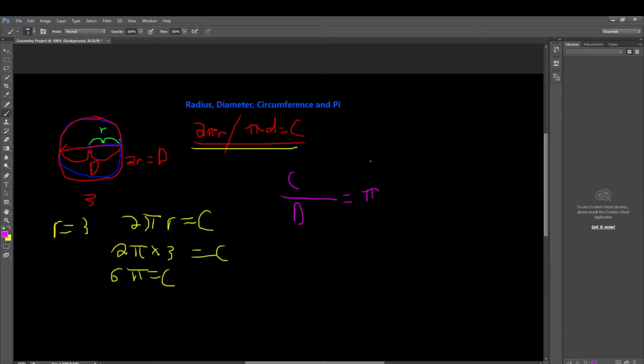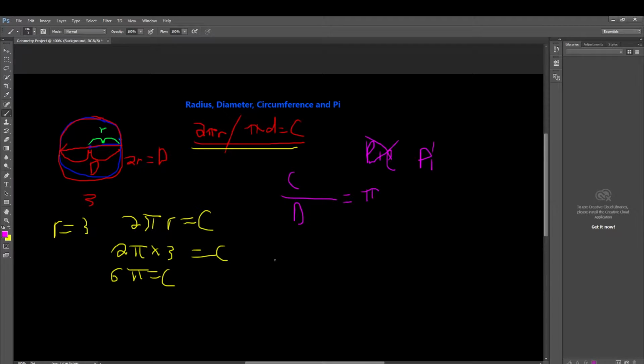And no, it is not spelled like pie, as in the food. It is spelled p-i. This is a Greek term. I don't know what it means in English, but circumference over diameter will always equal pi.